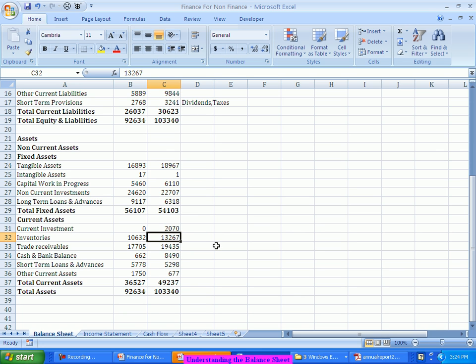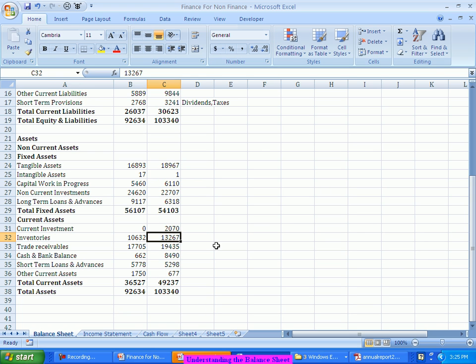Then inventories. Whatever are the unsold drugs, raw materials which are not put to production, drugs which are done but not yet sold. Typically the drugs that are available with all the medical shops, they are not yet sold.